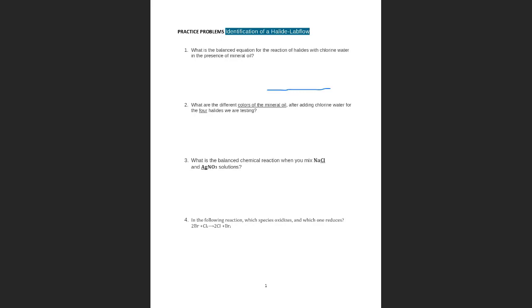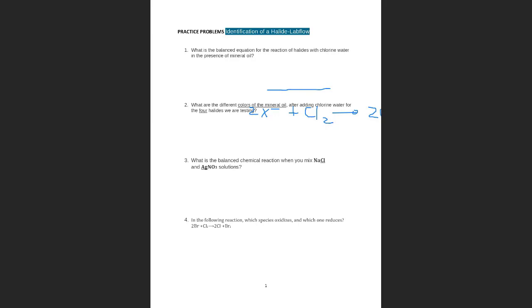So when you encounter this, it's easy peasy. The balanced equation of the halide with chlorine water in the presence of mineral oil: you will have to remember X is any halide with chlorine water. The chlorine water reduces itself and oxidizes the halogen.